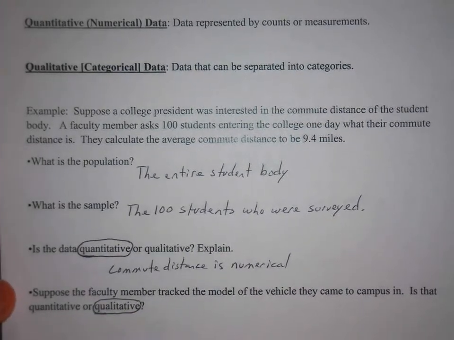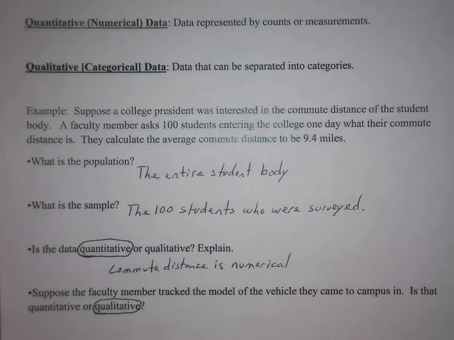So that data would have been qualitative. The major difference between quantitative and qualitative data is just the type of data that you collect. Answers such as yes or no would be qualitative. Answers such as what is your GPA would be quantitative because those will be numbers.